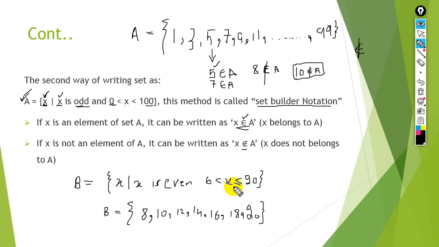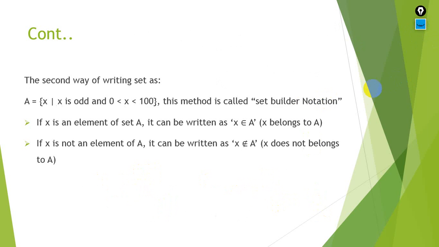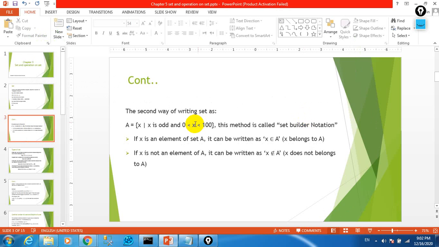It means 20 itself is allowed by the condition. So this is the representation; we can say this is the set builder notation of the set. If you have any questions related to this slide, you can ask.